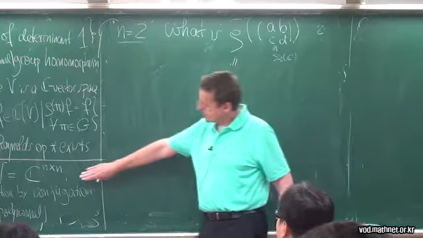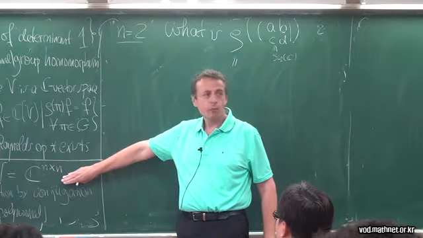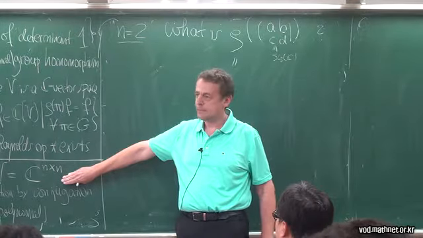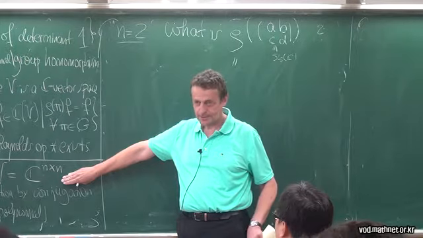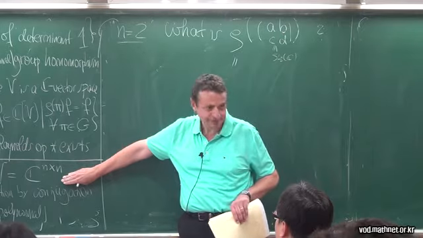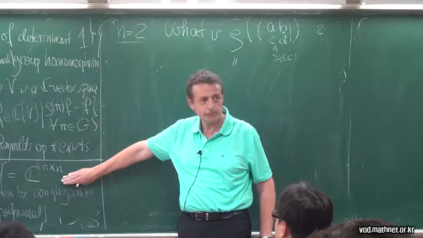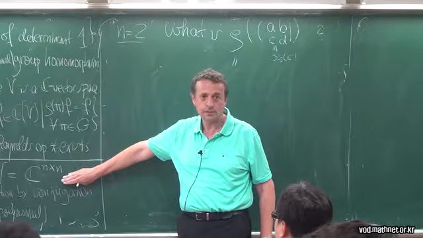V is a vector space, so n is 2. So V is a 4-dimensional complex vector space. This vector space, like all vector spaces I have ever met, comes with a distinguished basis called E11, E12, E21, E22.